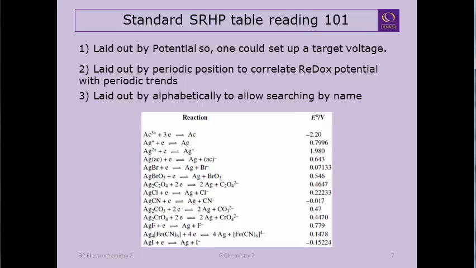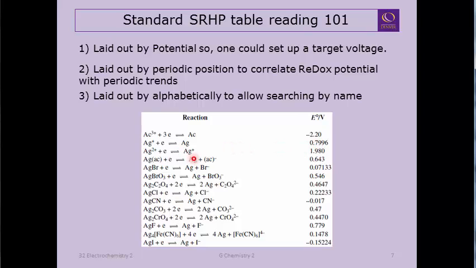And then as far as what we've been talking about when you're applying the rules, remember, the more positive the number, the more easily it undergoes reduction. The more negative the number, the more easily it undergoes oxidation. So for example, this 1.98 could be the reducing agent over this 0.7996.